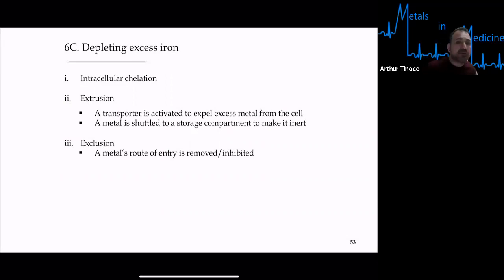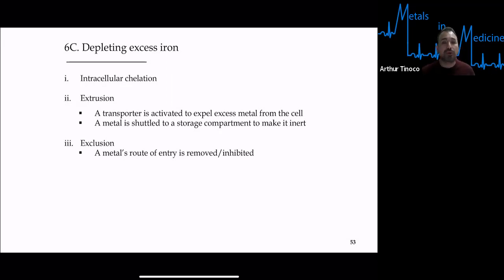That means you have a transporter that's activated to expel the excess metal from the cell, and the metal will then be shuttled to a storage compartment, also to make it inert. These are ways that you can control that iron so that you don't have this excess labile iron that can potentially lead to an excess amount of reactive oxygen species formed, which can lead to, as we've already talked about before, a certain amount of toxicity.